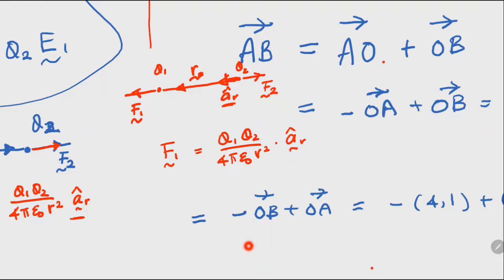So if I define it this way, then my F1 will be in the same direction as my unit vector R, and now F2 is going to be equal to minus F2. This is also correct.